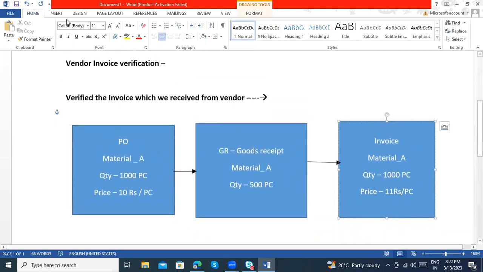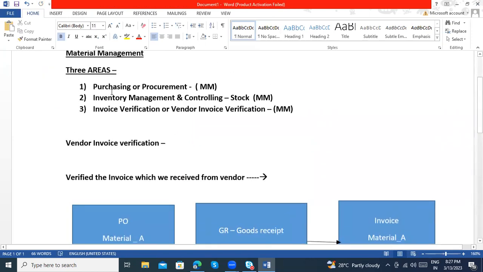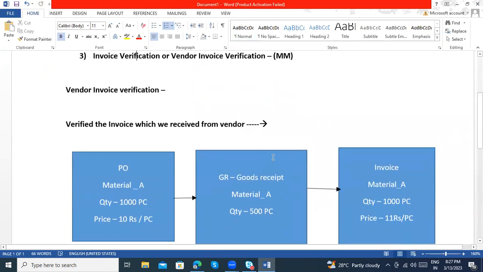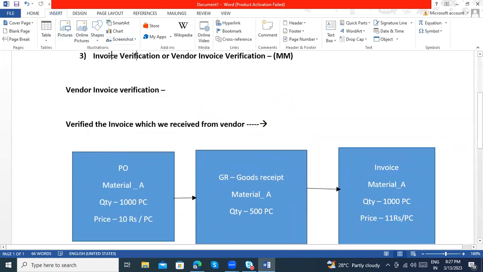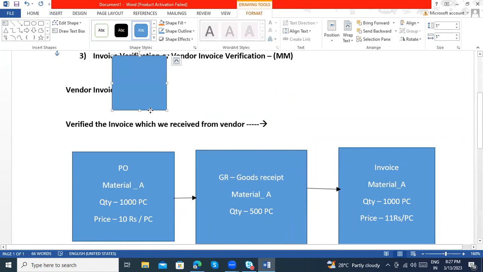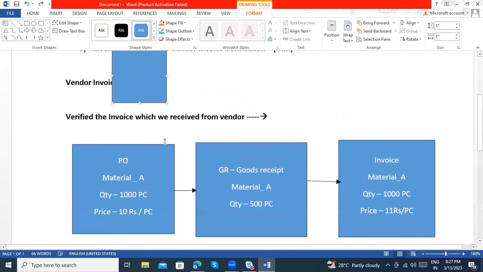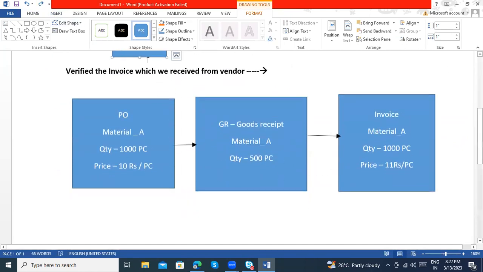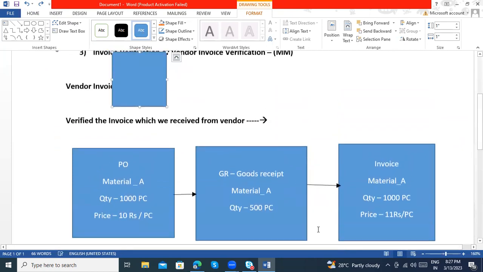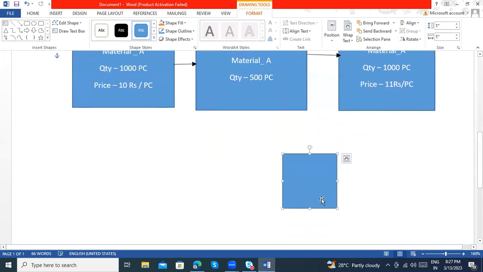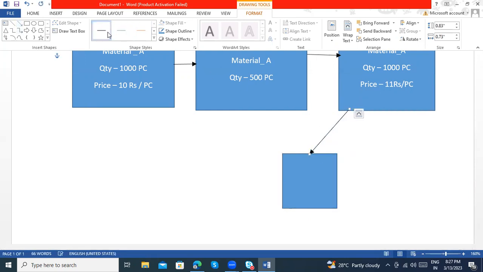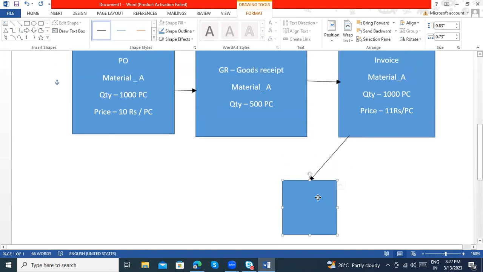Once verified, in case the material management team says everything looks good, then what will happen? It will go to payment. That payment will be done by our finance team, because they pay amounts to all the people, and they take care of all aspects related to payment.